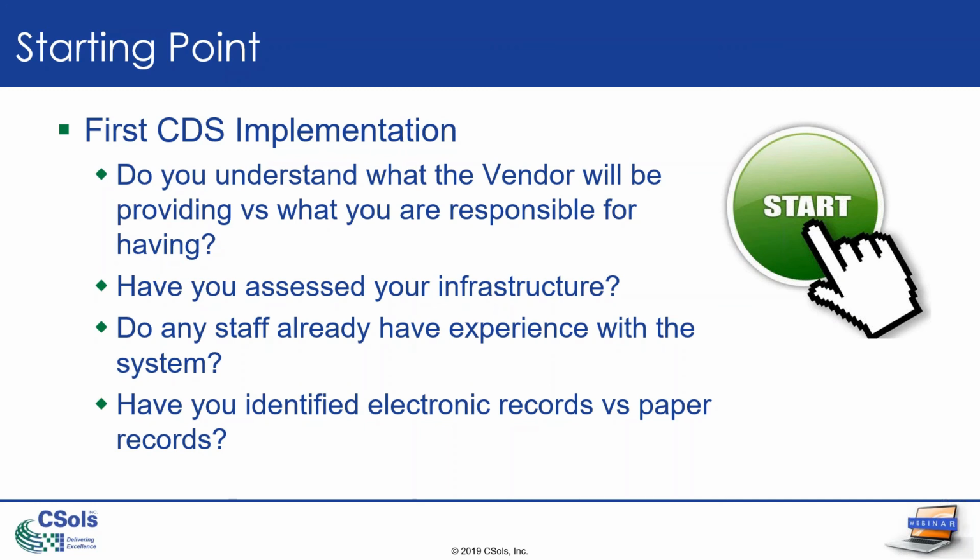And then probably one of the big things right now, big topics with data integrity in the industry, is, have you taken the time to identify what are electronic records versus paper records? Again, there's nothing wrong with having a hybrid system where some records are electronic, some are paper. So that's not an issue.